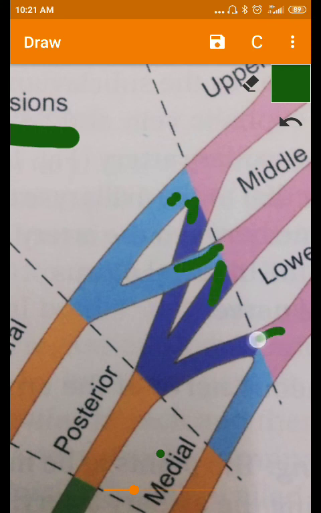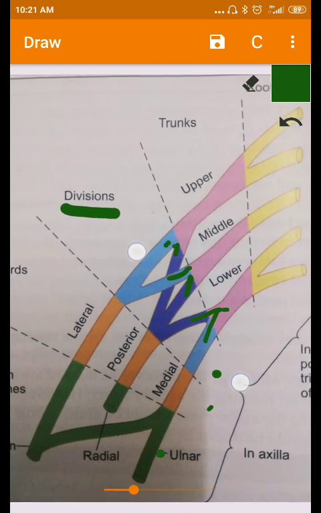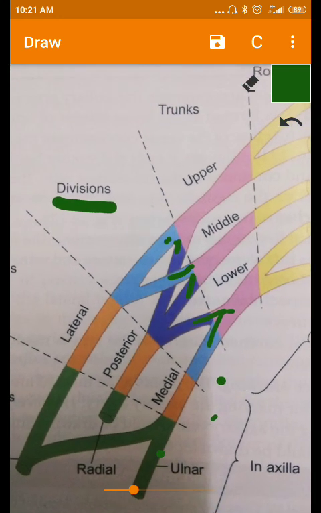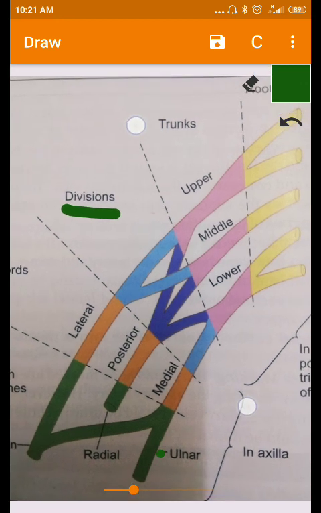In the lower trunk, this one is posterior and this one is anterior. So each trunk is divided into anterior and posterior divisions. We can also call them ventral and dorsal. Both terms can be used interchangeably, so don't get confused.